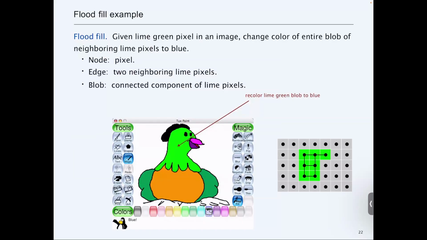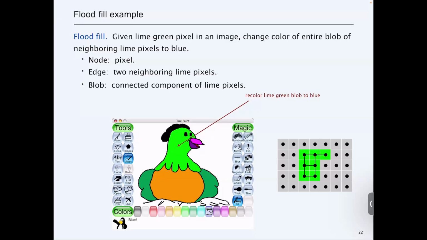Here is a very practical application of graph traversal in this breadth-first search concept. It's what we call the flood fill operation. This is the thing that happens when you open up some paint program and you click on the paint bucket tool, where you want to fill in everything that has the same color that's connected to that particular pixel. So suppose you click on some lime green pixel.